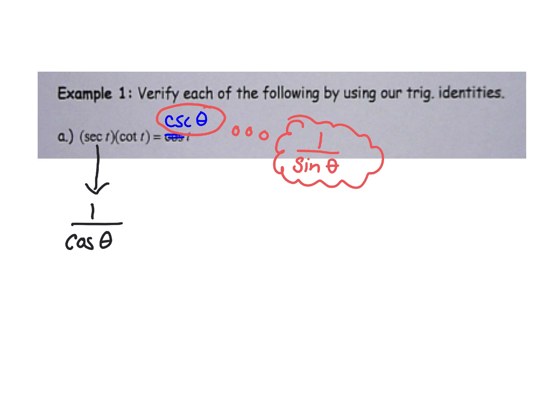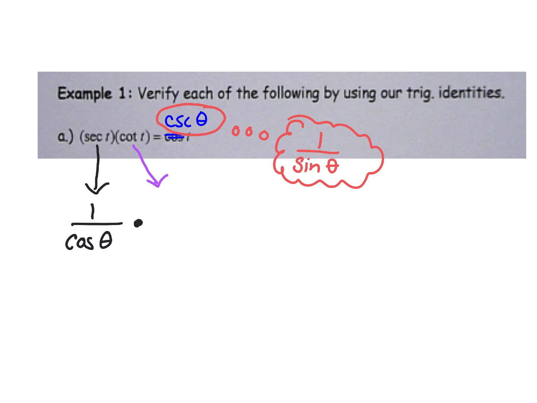All right, here comes a question for you, my very intelligent trigonometry students. Cotangent theta, if I wanted to rewrite that in terms of sine and cosine, how would I do that? So we're rewriting cotangent in terms of sine and cosine.